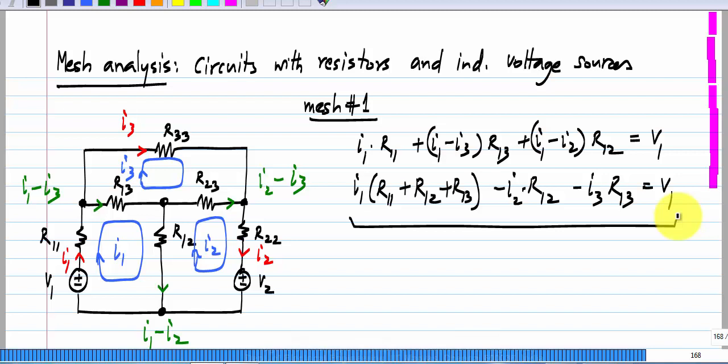Now the pattern must be very obvious to you. What is the coefficient of a given mesh current? I am writing the equation for mesh number 1, and I1 is the current for mesh number 1. So then the coefficient of I1 will be the sum of all resistances in that mesh.